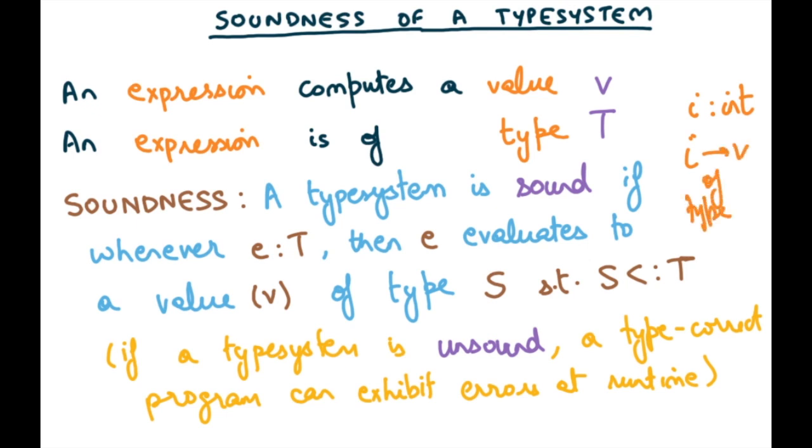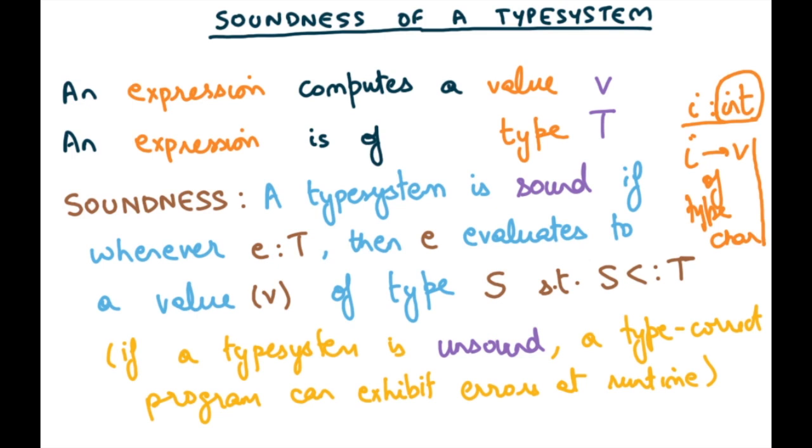Maybe it will evaluate to a value of type character at runtime. And if a type system is unsound, then it's possible that at runtime it evaluates to a type which is different and which is not a subtype of the static type that was identified at compile time.